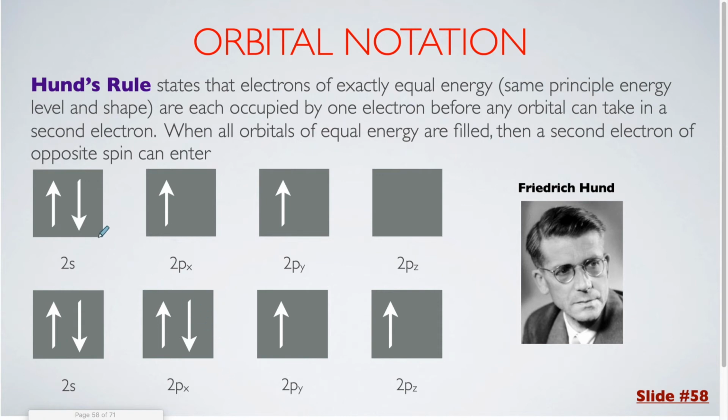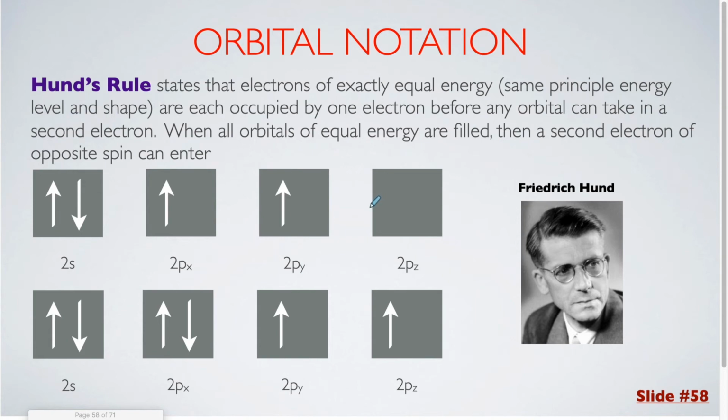So what this means, let's say that I am filling in the second energy level. The 2s is slightly lower in energy than the 2p. So my 2s has to get filled in up and then down before moving on. Then I fill in an electron into the 2p. But the electron would rather be in its own orbital if it's at the same exact energy level.